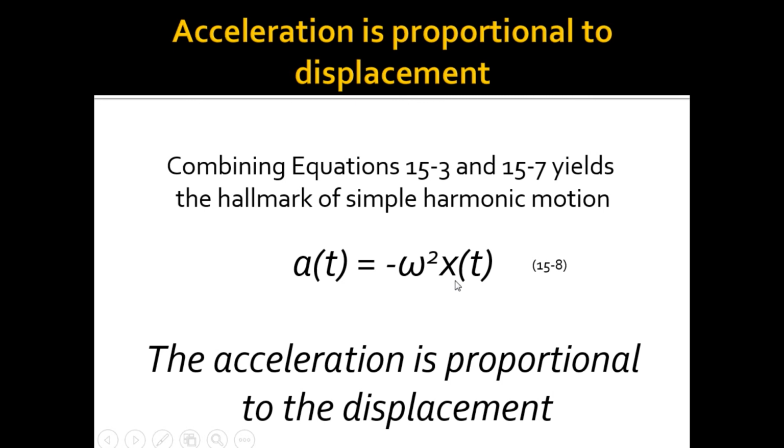This is known as the restoring force. Whenever a spring or a pendulum is displaced from the equilibrium point, the force is always trying to push it back towards the equilibrium point. We call that the restoring force, and that shows up in the equation by the fact that the acceleration has the opposite sign of the displacement.